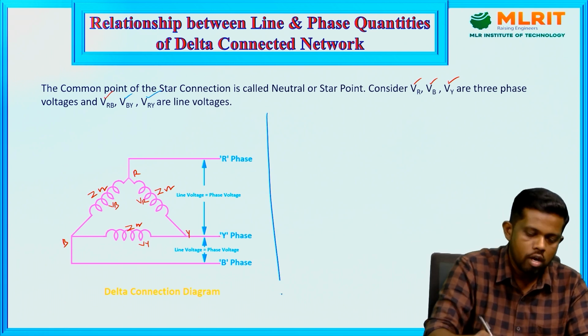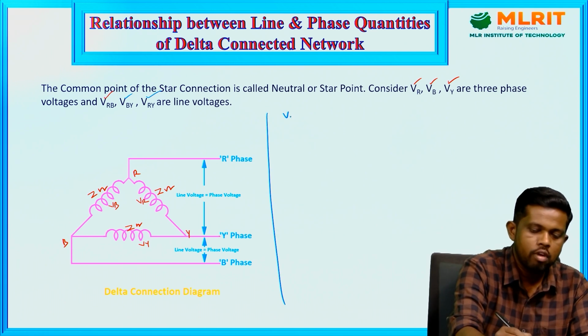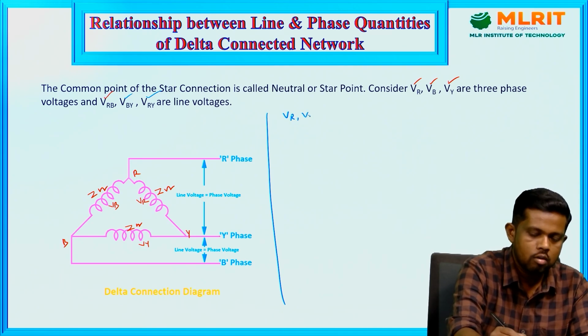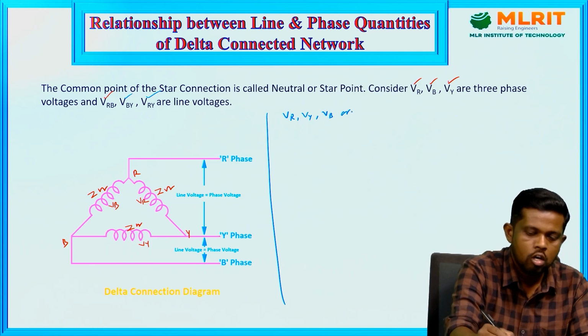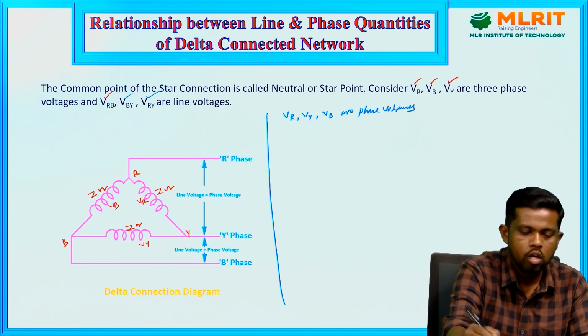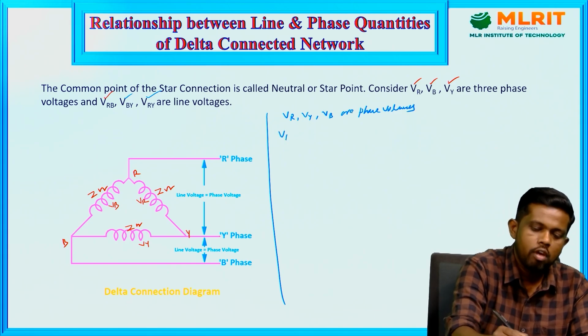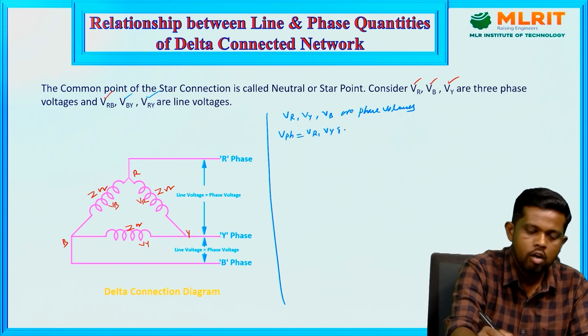Here we want to write the same thing. First we write the phase voltages: VR, VY and VB are the phase voltages. So V phase equals VR, VY and VB.